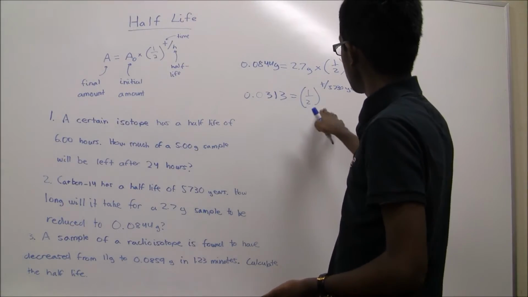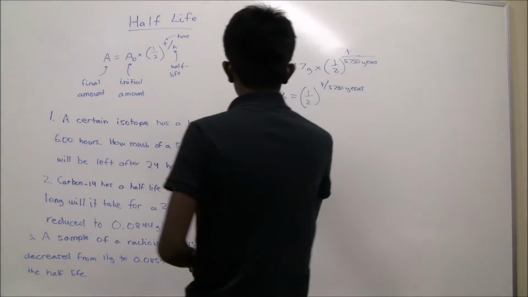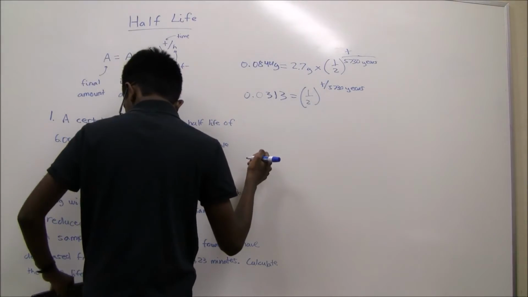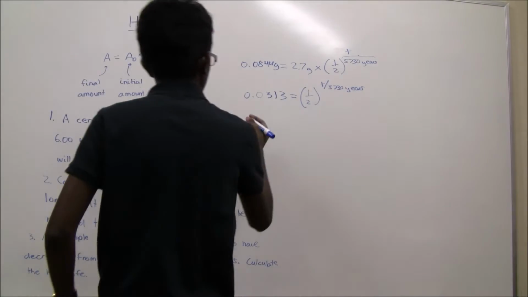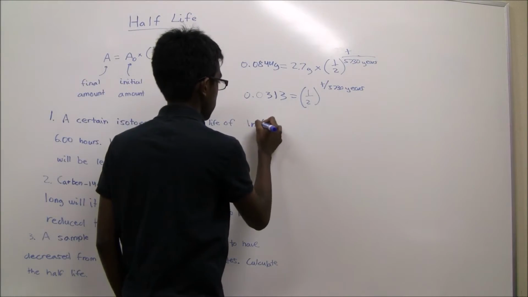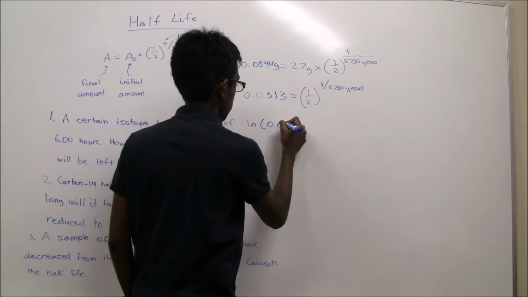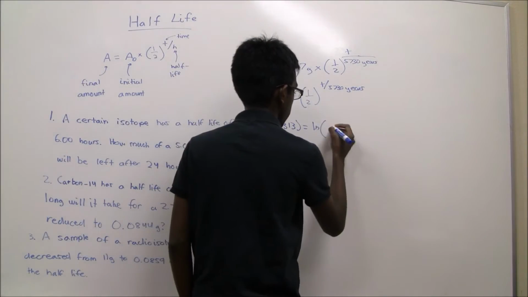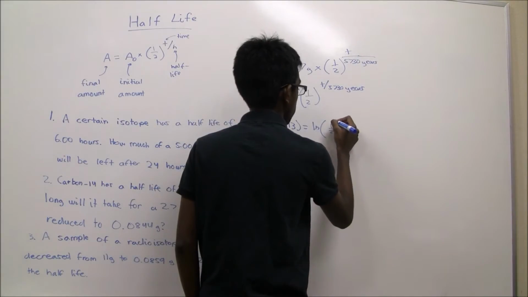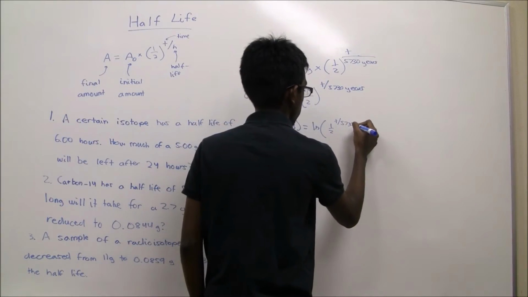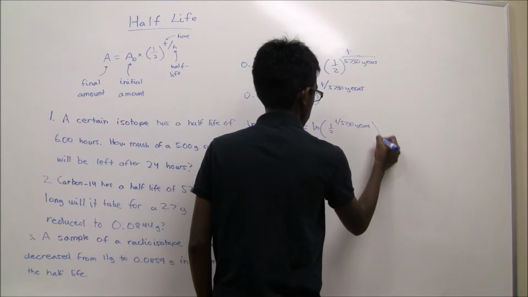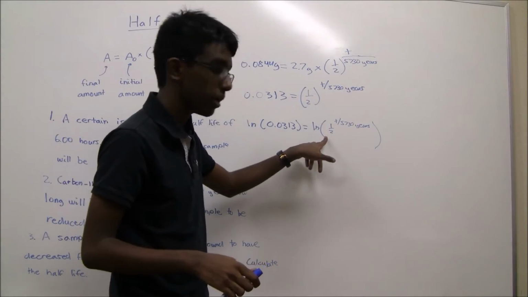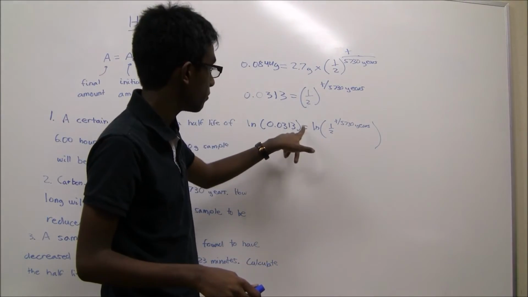So what you're going to do here is you're going to take the natural log of both sides. Then what happens is that the exponent that 1/2 is raised to will become the coefficient.